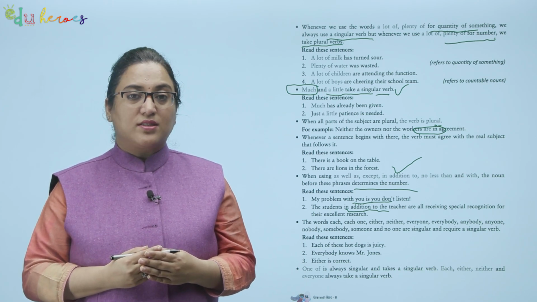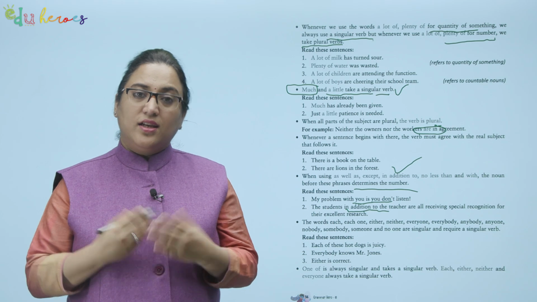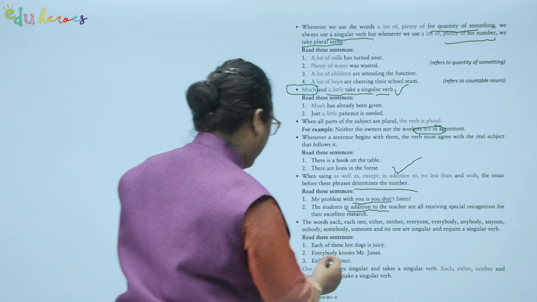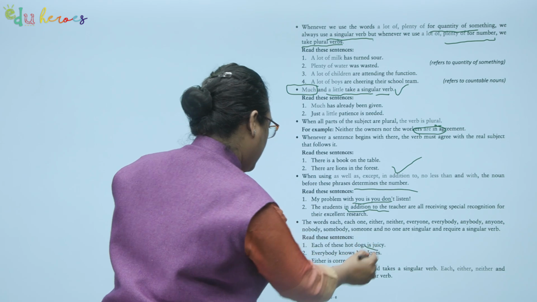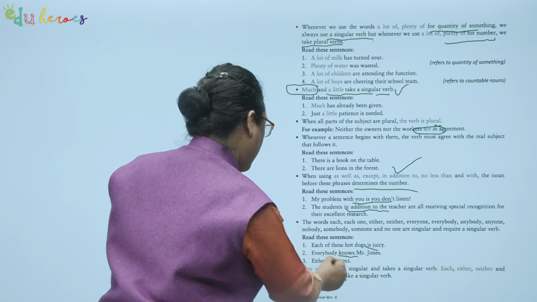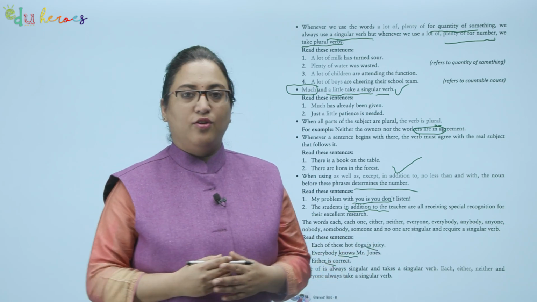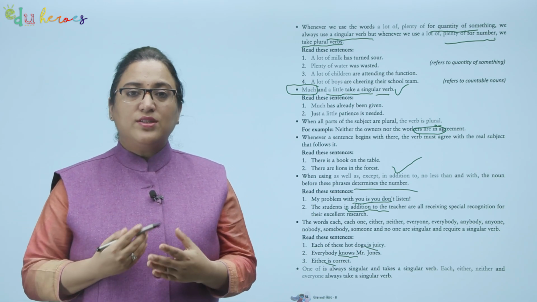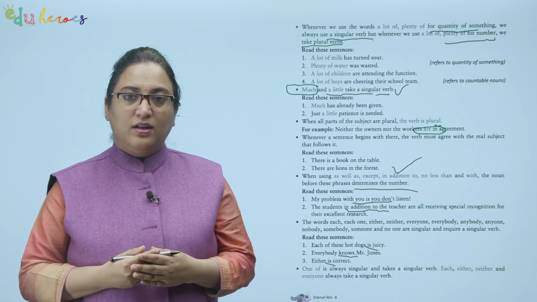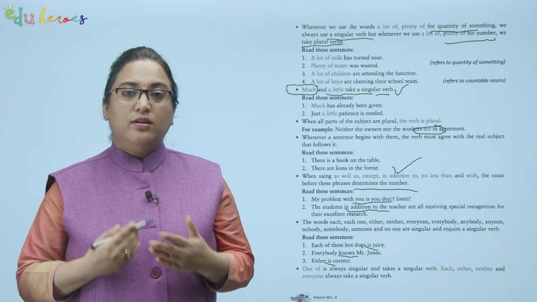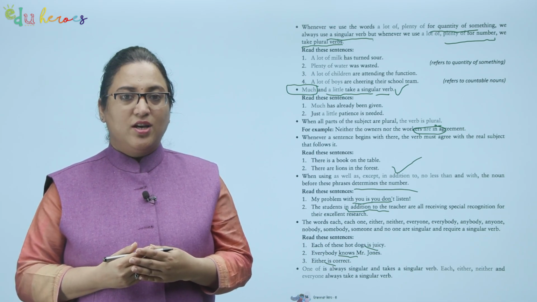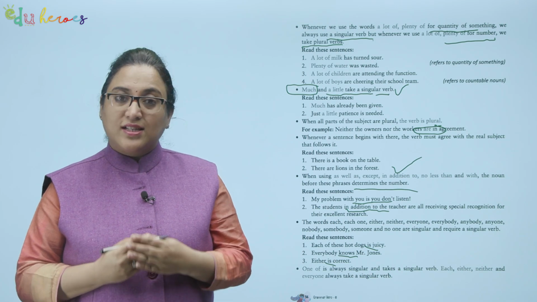Everybody knows Mr. Jones. Either is correct. So we will mark here the verbs is, knows, and is. All are singular. One of is always singular and takes a singular verb. Each, either, neither, and everyone always take a singular verb.